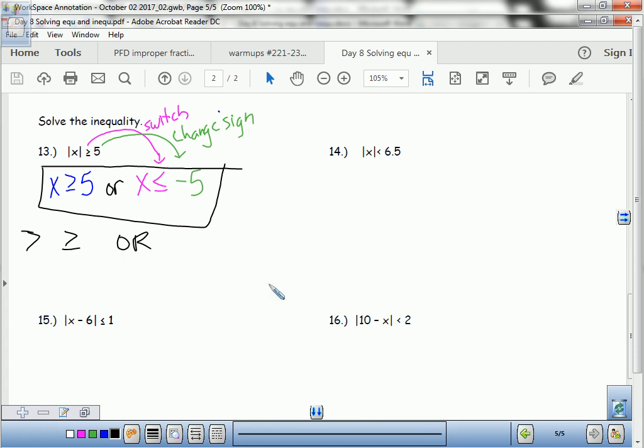Okay, let's look at 14. So the absolute value is already isolated. The first one stays the same, completely the same. All we do is drop the absolute value bars. The second one, the sign switches, so it's going to go from less than to greater than, and from positive 6.5 to negative 6.5.